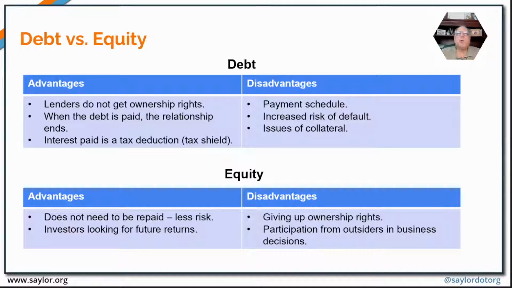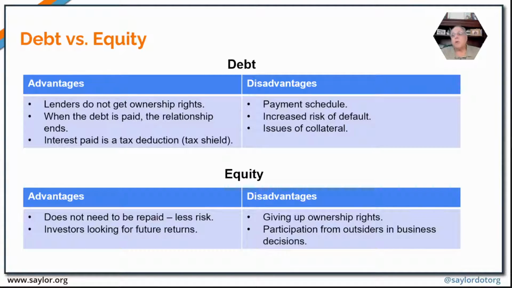Now, on the equity side, the advantage is that, one, equity doesn't have to be repaid. On the other hand, if you'd like to continue to grow the business and sell more stock, you certainly want to be able to generate a return for your shareholders. The advantage is that investors are looking for future returns. So if you're using money and making wise decisions and increasing the value of the firm, then you're meeting the expectations of your investors.